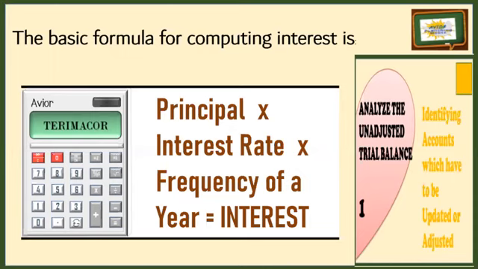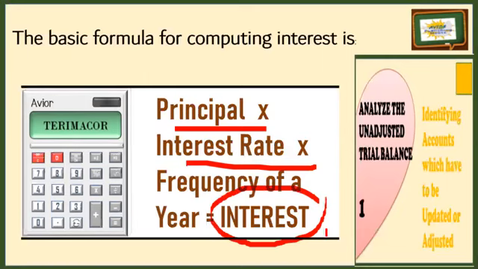So what is the formula for computing the interest? The basic formula for computing interest is principal times interest rate times frequency of the year. That becomes your interest. It's either an income or a revenue, depending on the point of view, or who's issuing and who receives it.